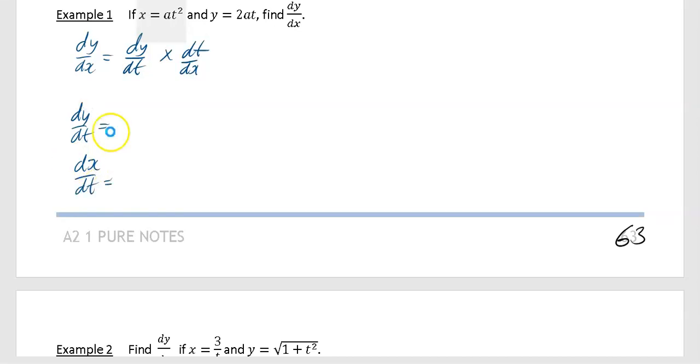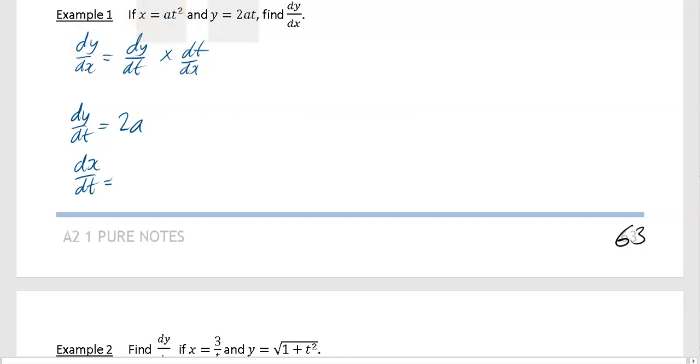So dy by dt, your y is equal to 2at. So you can differentiate y with respect to t to find your dy by dt. You're going to be left with 2a. Same idea. To find dx by dt, differentiate this x with respect to t.